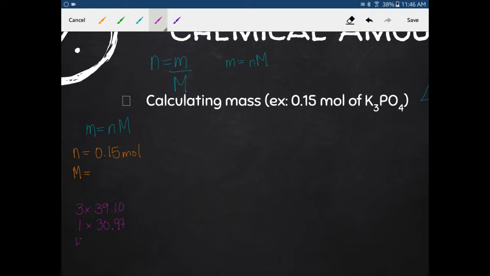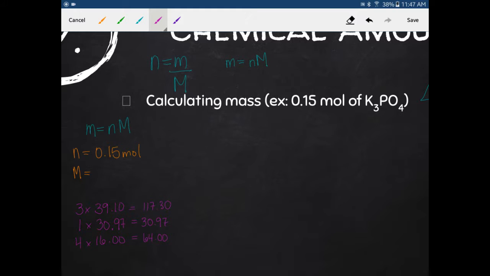And I have 4 times my 16.00. So 3 times 39.10 gives me 117.30, and 4 times 16 should give me 64.00.